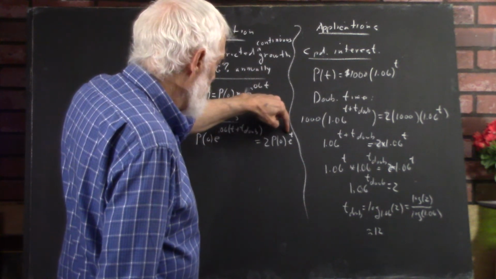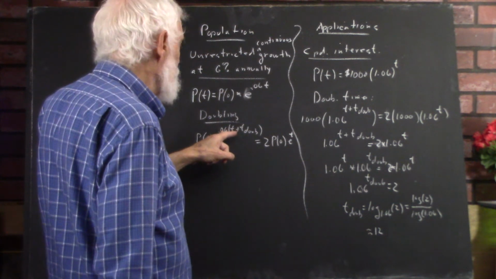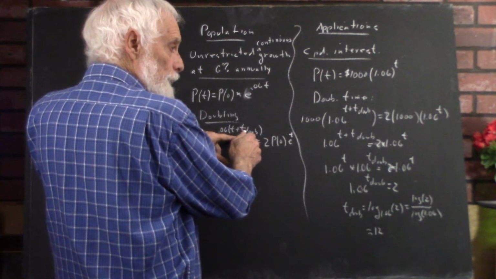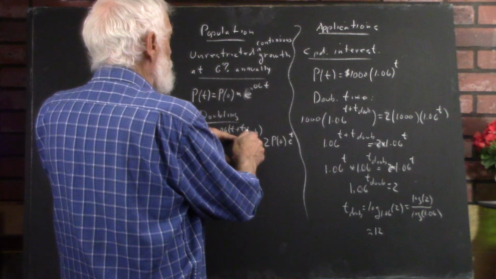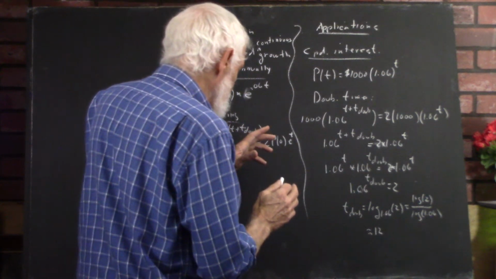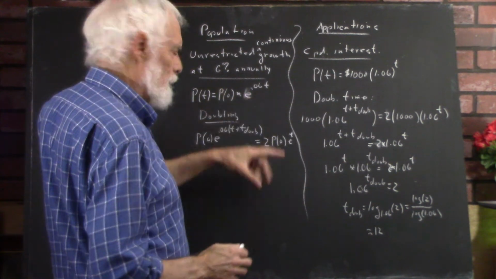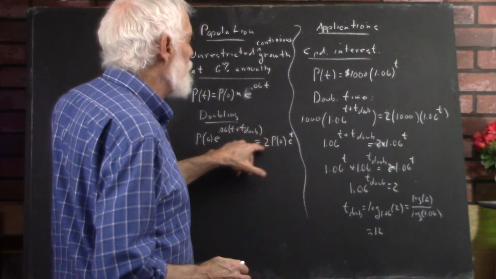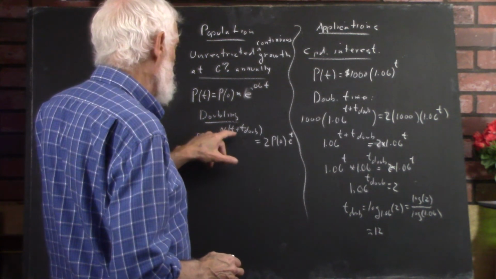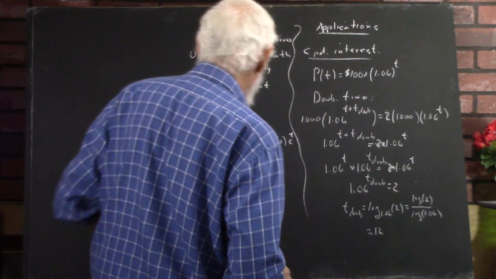If you want to double that and figure out when that occurs, you figure out what you got to add to t. In other words, for what t dub is your amount doubled after t dub? Okay, again, like what I said before, here's double your population at time t. Here's your population t dub later at t plus t dub.